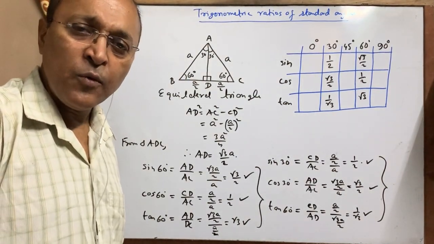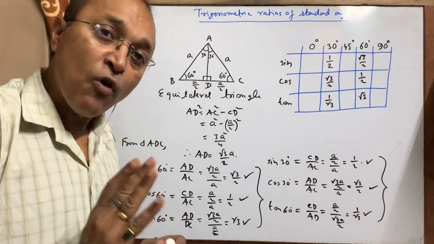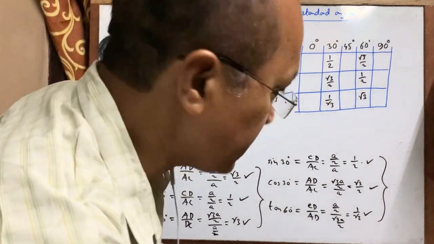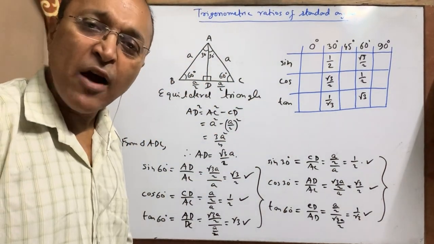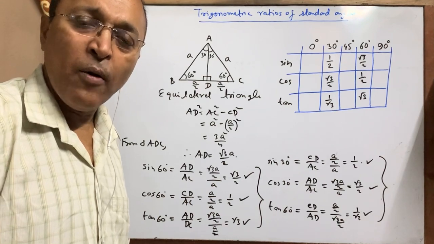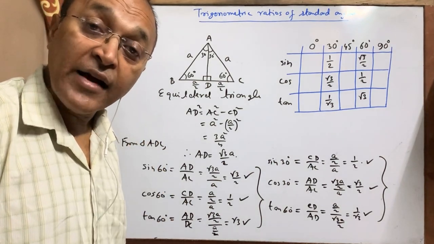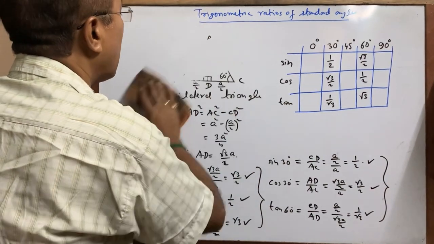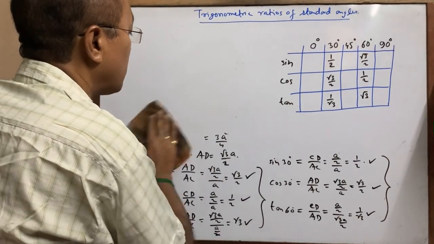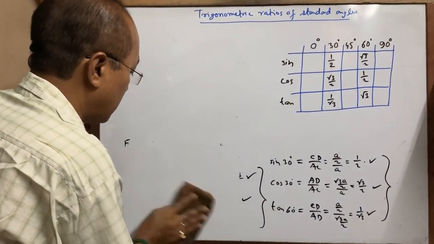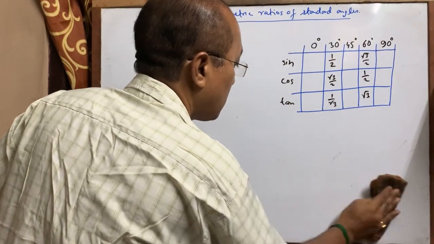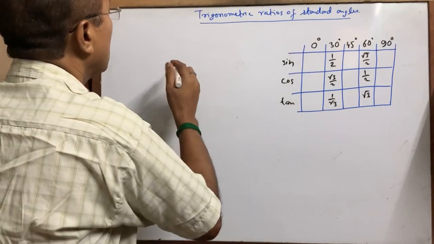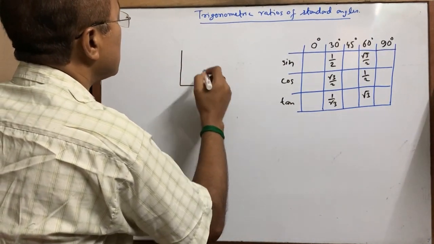Now we can find the values of 45 degrees. Let's see how we can find the values of 45 degrees. For that, we have to draw a right angled isosceles triangle. So this one is a right angled isosceles triangle.